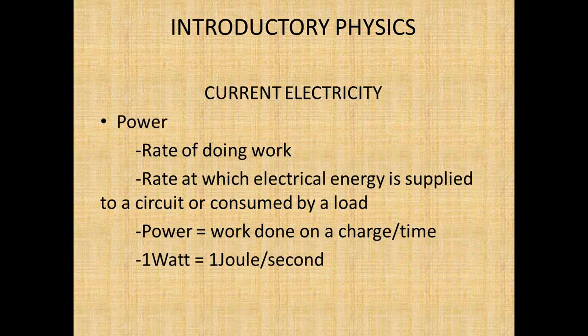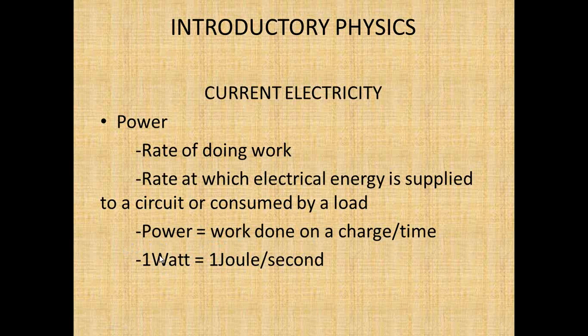Again, power is the work done on a charge, or the rate at which the electric energy is supplied to the circuit or consumed by a load. The usual unit for power is the watt. Because it's the rate of doing work, work is measured in joules, and rate is in seconds, so joule per second is the same thing as the watt.